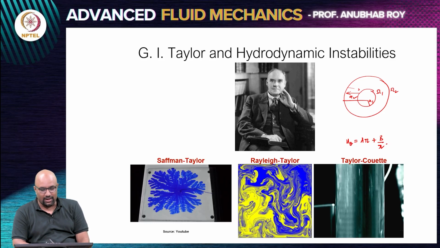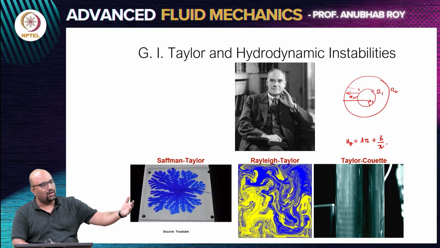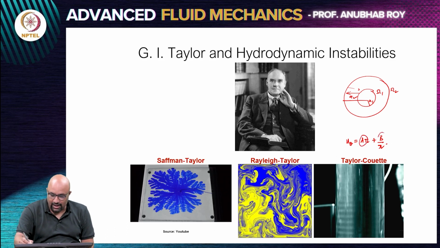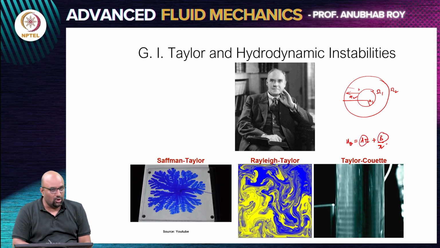We applied the boundary condition that u theta is equal to omega 1 r1 on the inner boundary and omega 2 r2 on the outer boundary. And then applying those boundary conditions, we got A and B. There was no ur, there was no uz, u theta was only a function of radial coordinate.